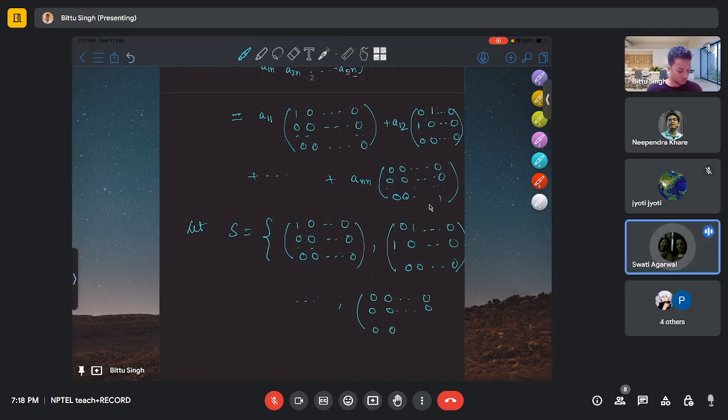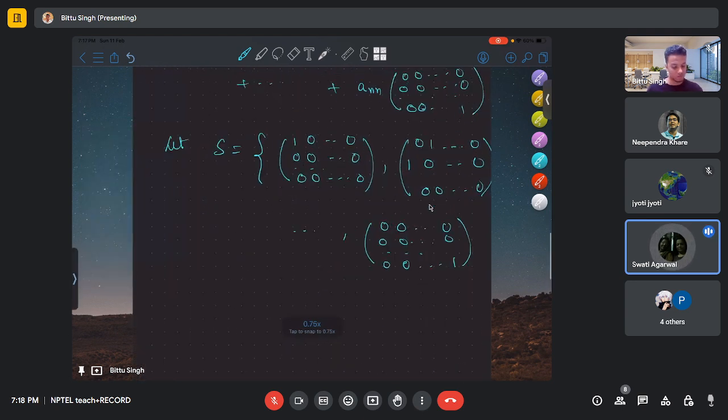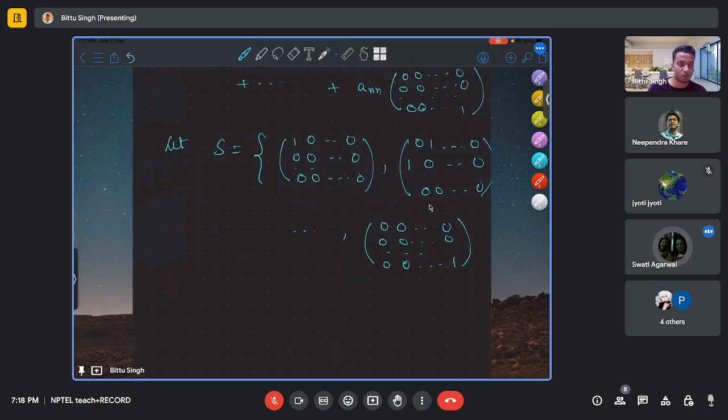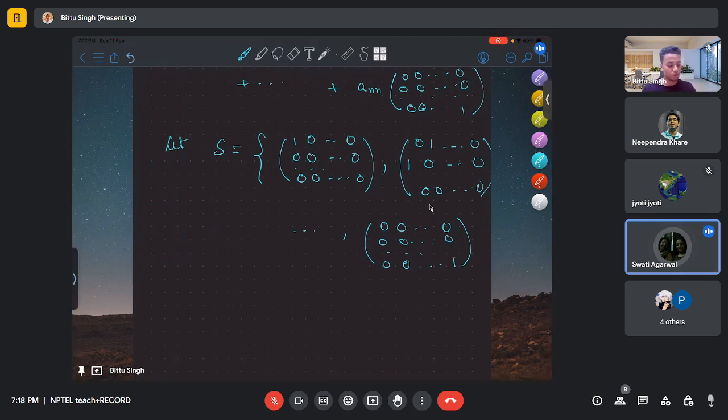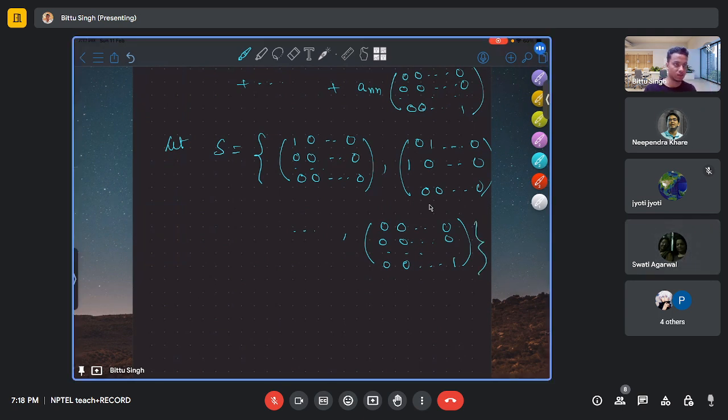These sets which are of 1 1, they are the maximal linearly independent ones. You're right. But we need to prove that it is a maximal linearly independent set.